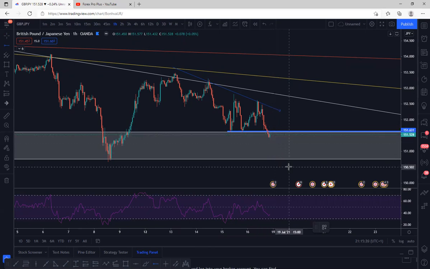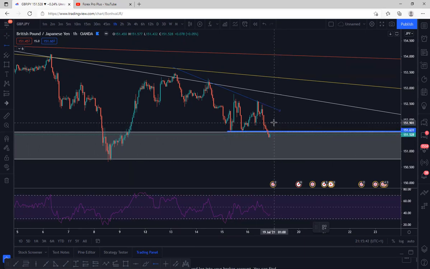And if we take entry now, which is 151.44, 151.52 to 150.71, it's about 80 pips.